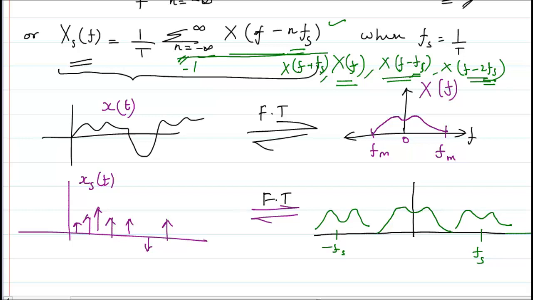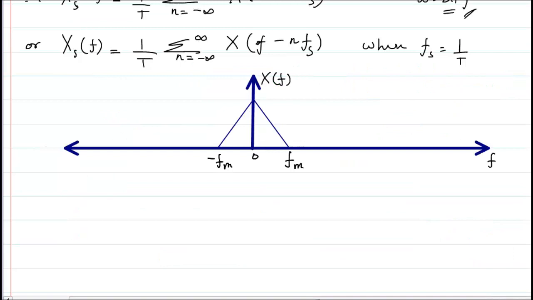Let me draw that diagram more clearly for explanation purposes. So suppose the original signal has a frequency spectrum like this, extending from −fm to +fm. This much is the bandwidth of the original signal, and generally we say 0 to fm.